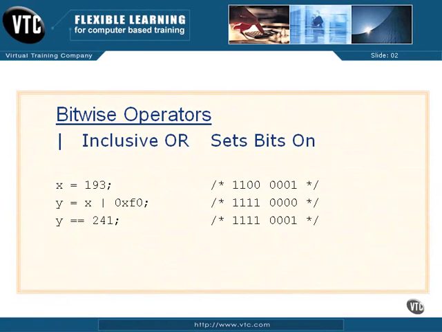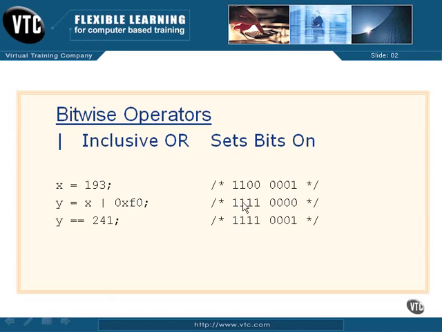This is called an inclusive OR, and this is used to turn bits on in a value. Again, we start with our 193, 11000001, and we say that y is equal to x ORed with our F0. There's our F0 again, and our result is 241, because what we say is if this bit or this bit is turned on, then the result should be turned on.